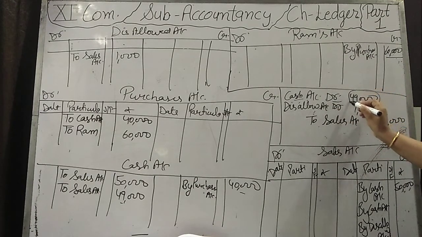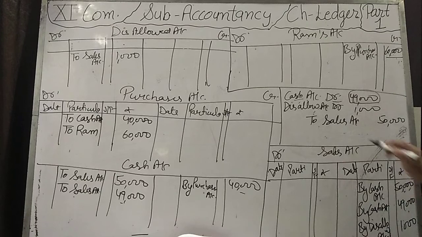Related with cash 49,000 and 1,000 with discount. Sales account is credit 50,000, we have credited 50,000. 49,000 is with cash and 1,000 with discount allowed. Okay, cash amount opposite cash, discount allowed amount opposite discount allowed.